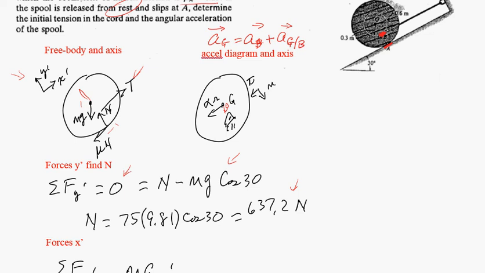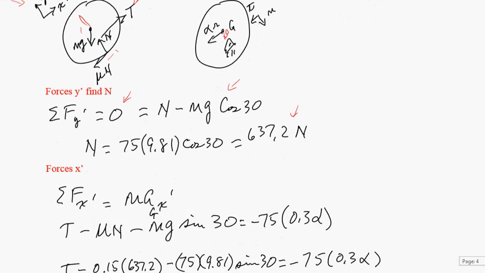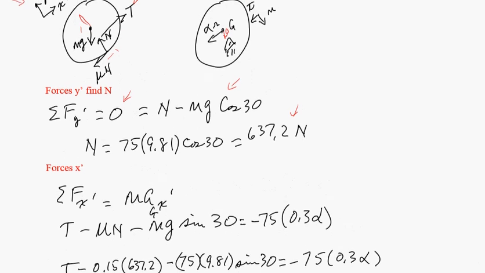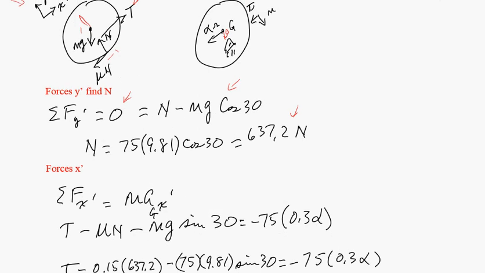That's why you'd like to work in the y prime direction. You can sum the forces in the x prime direction. They are plus T minus mu times N minus mg sine 30. And that's equal to m times a in the x prime direction. You get that off of your acceleration diagram. And notice it's in the negative x prime direction, so it's minus m times 0.3 alpha.